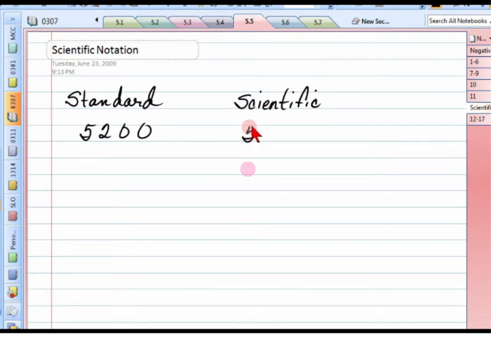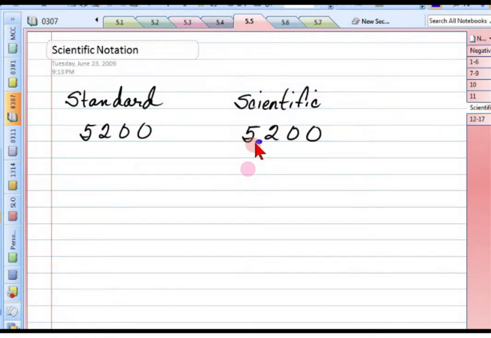You might have the same digits, but the decimal point will have to be right after the first digit. The decimal point always comes after the first digit.